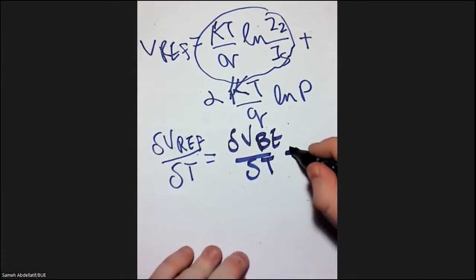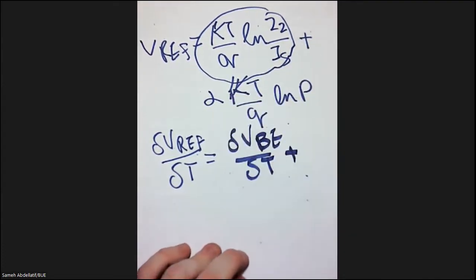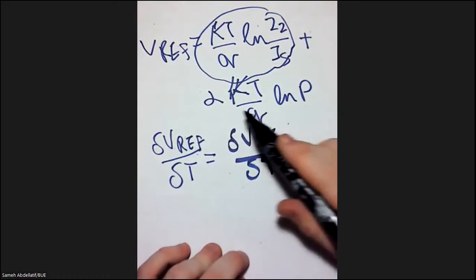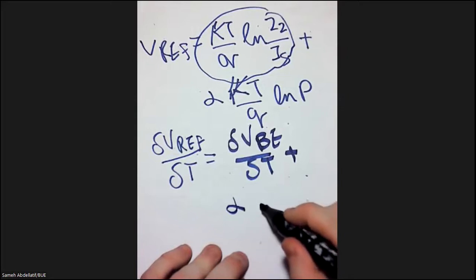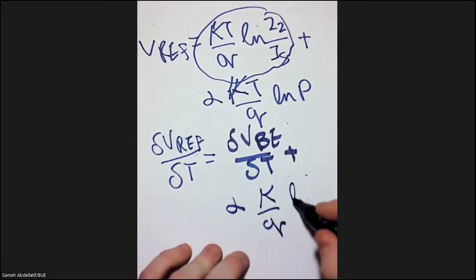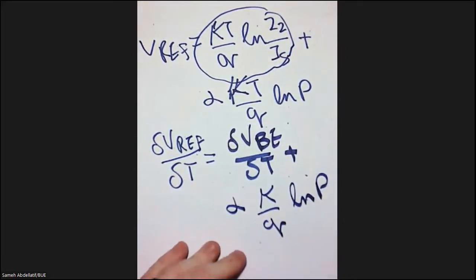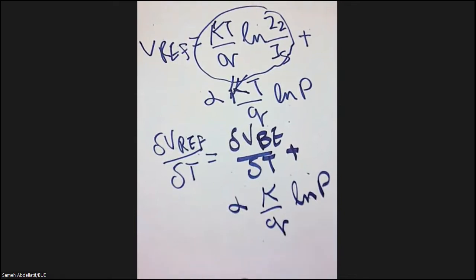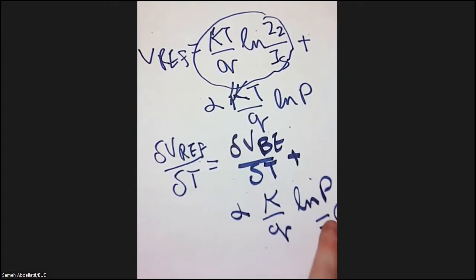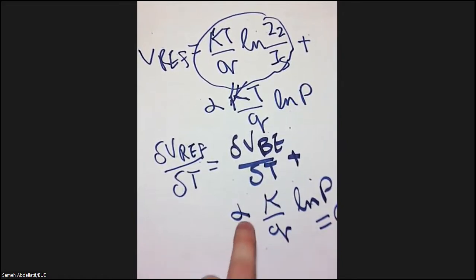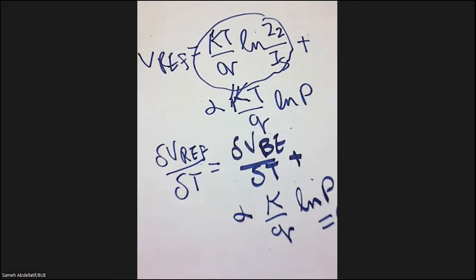Plus, here life is easier because B is a constant, and alpha, the amplification, is a constant. So here, alpha K over Q ln B. Now, is it possible to make this equation equal to 0? Let's see. B is already adjusted. K over Q is a constant. But we still have a new design parameter, which is alpha.